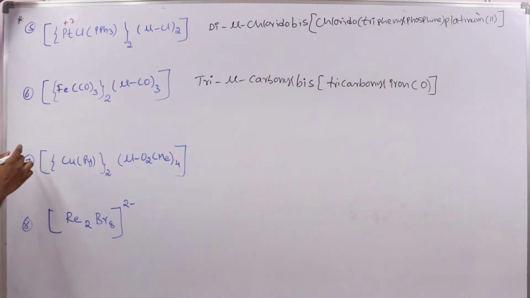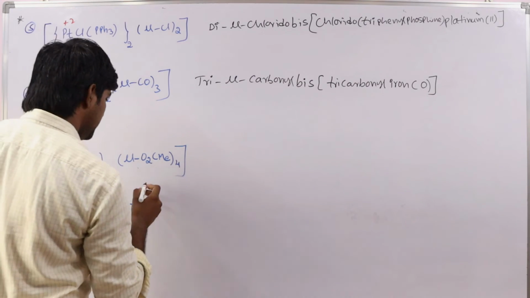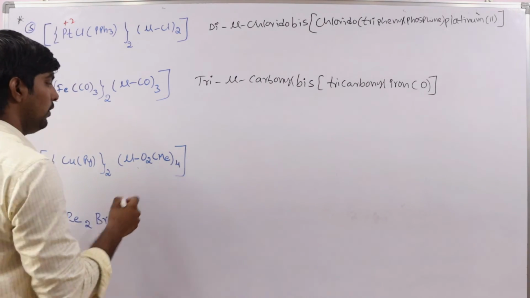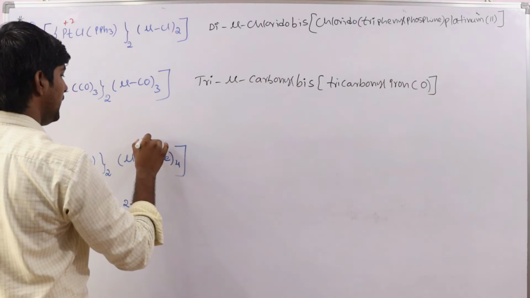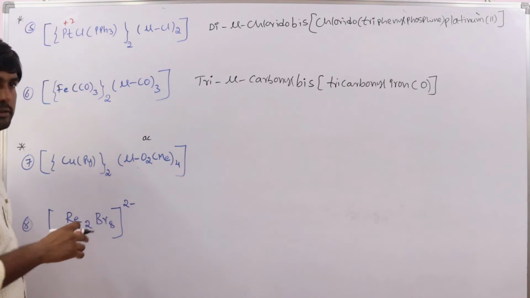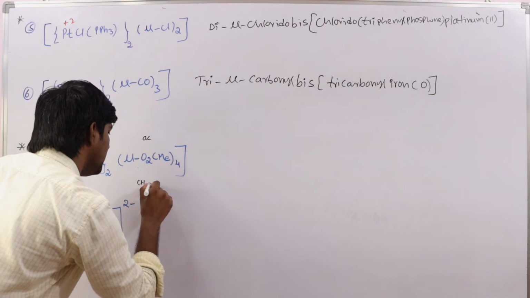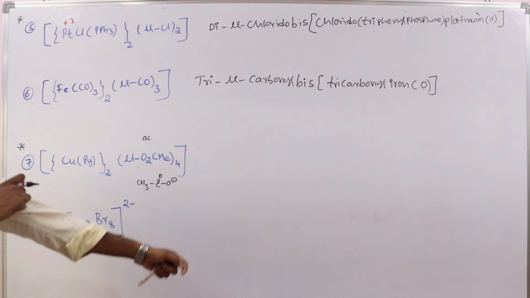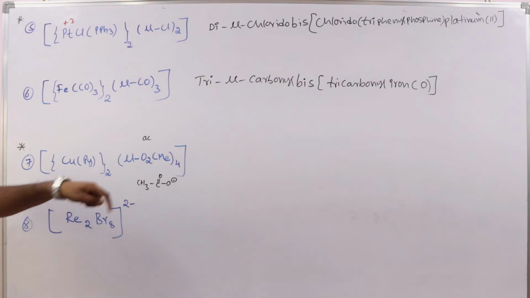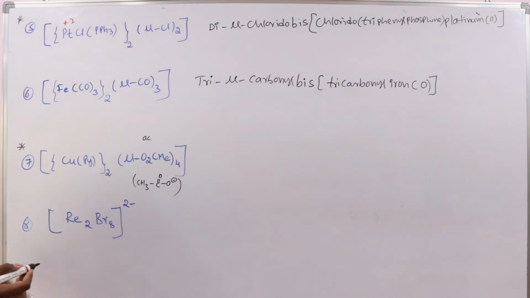Next, see this. This is the bridge ligand, nothing but acetato. Sometimes they will give it directly like this, Ac, the symbol for acetato, or this is nothing but CH3 C double bond O minus. So the bridge ligand is acetato, repeating 4 times.